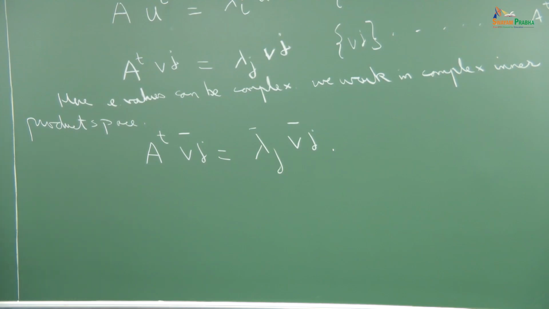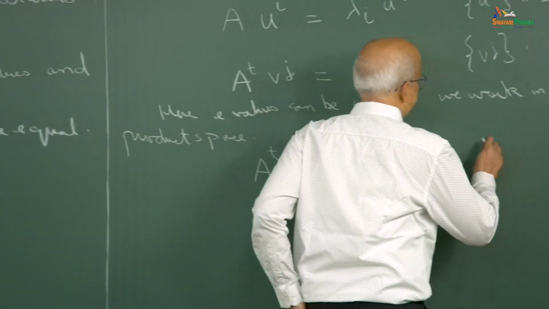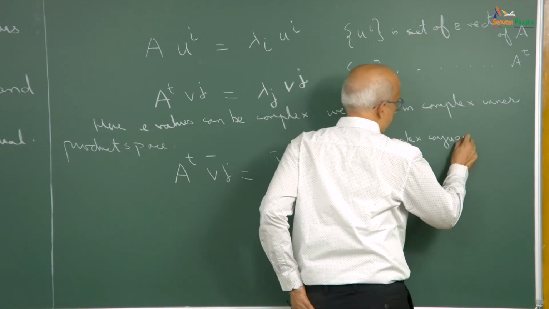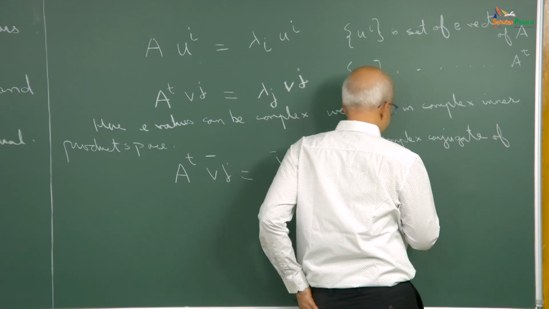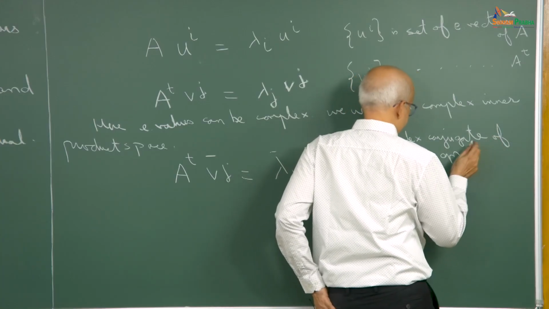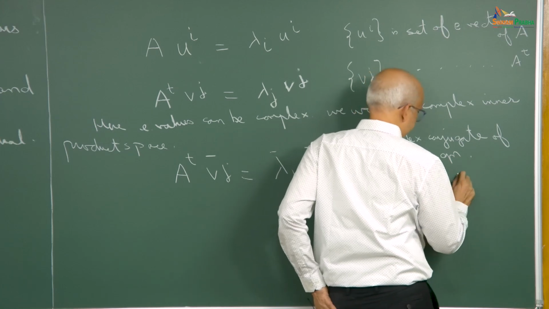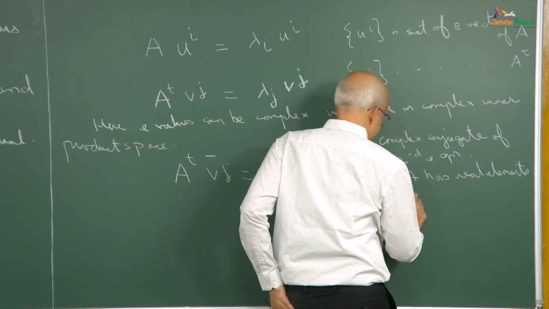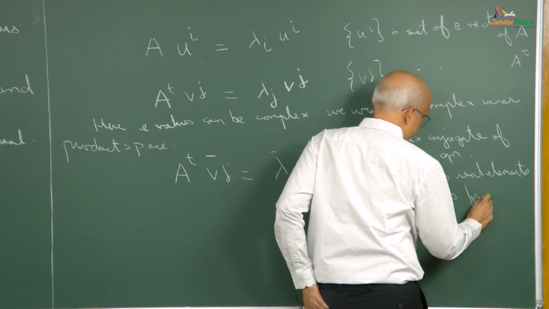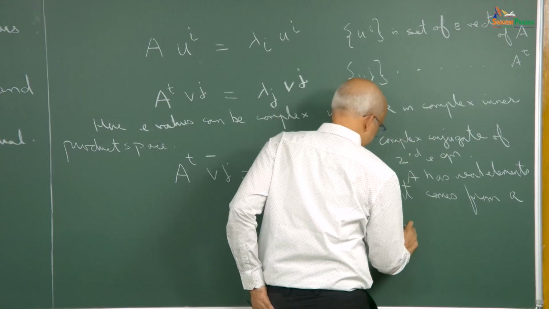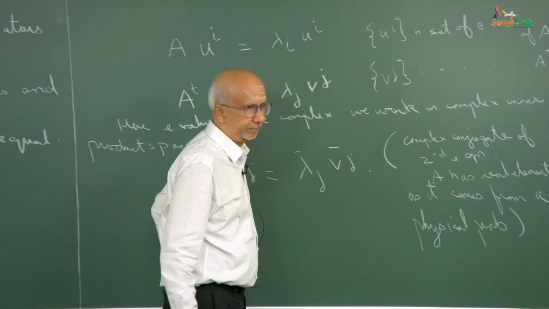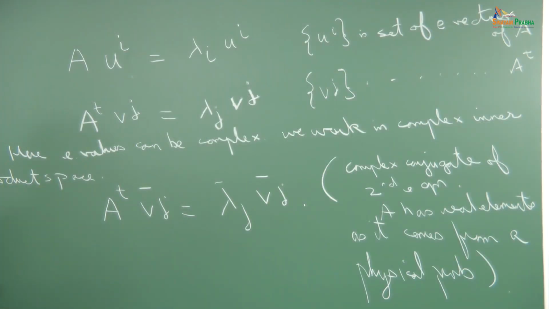So this is basically the complex conjugate of the second equation, the transpose equation, and A has real elements as it comes from a physical problem, okay. I mean it will have some velocity, pressure, viscosity, all these are real quantities.